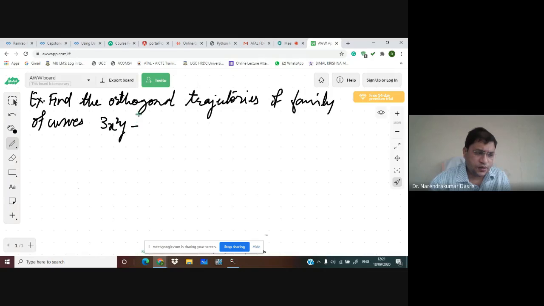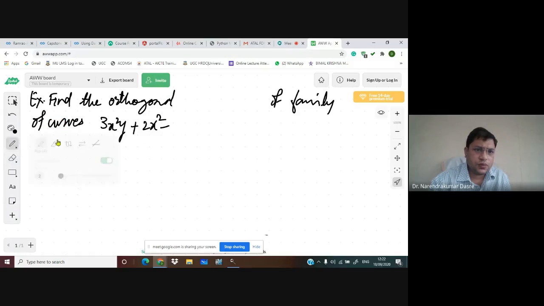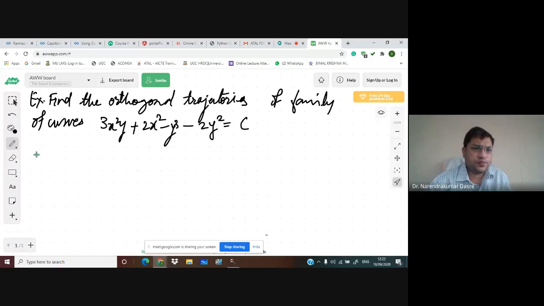dx square y plus 2x square minus y cube minus 2y square equal to constant.